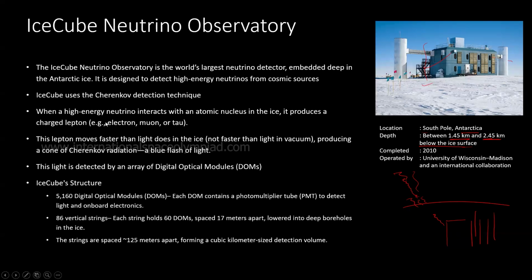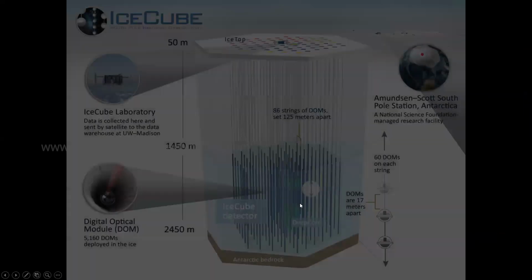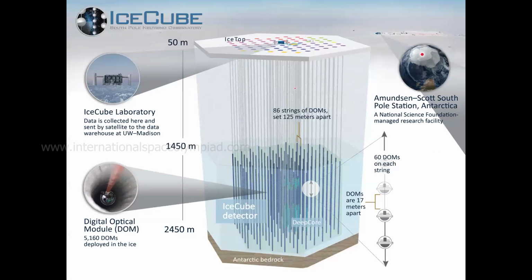There are 5160 digital optical modules. I will show you the structure. This is the top of the ice, and using many strings, there are these tubes. This is the detector, and this is the rock beneath.